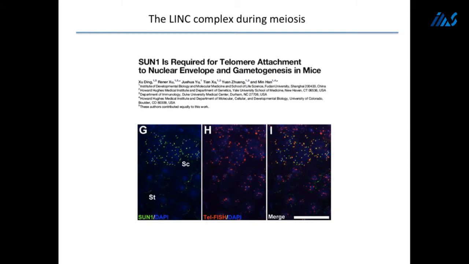If you make SUN1 knockout mice, their only obvious phenotype is that they're infertile, and this infertility is associated with loss of attachment of meiotic telomeres to the nuclear envelope. However, we also know that these mice are deaf as well, which these guys don't know, apparently.